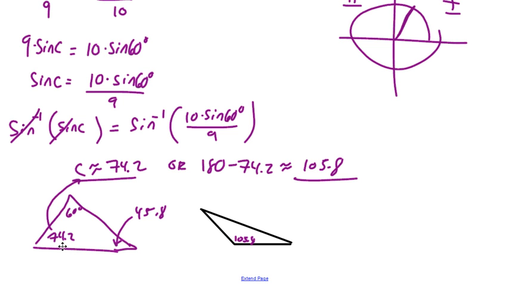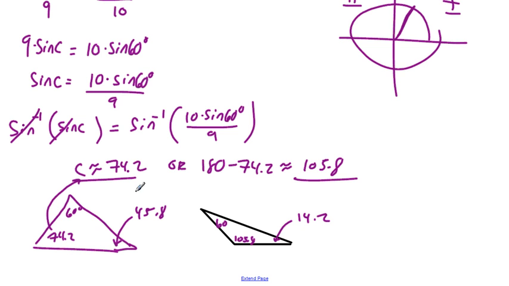This is called an acute triangle because all the angles are less than 90. But now we have 105.8, and then we have 60 degrees right here, right? So 105.8, if I add 60 to that, that's only 165.8. So if I subtract that from 180, it's possible then that this angle right here can be 14.2.